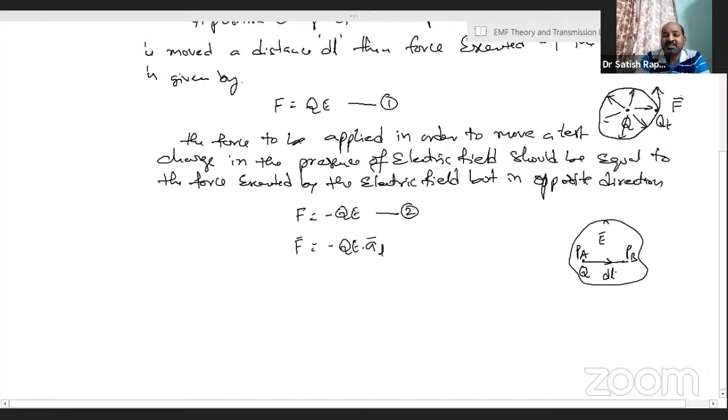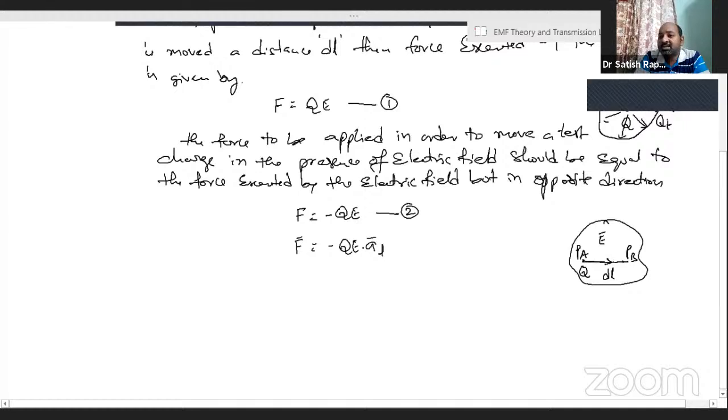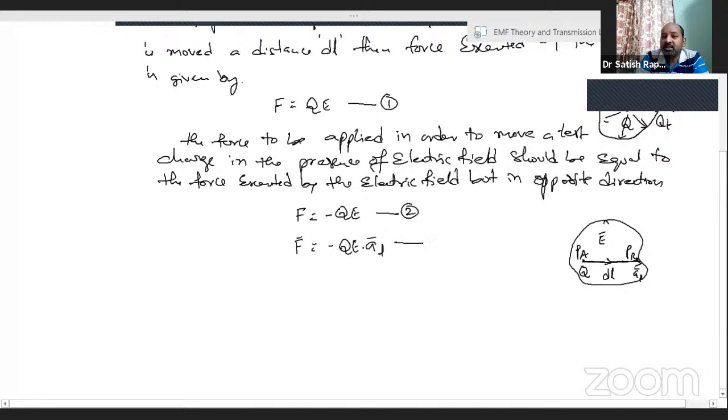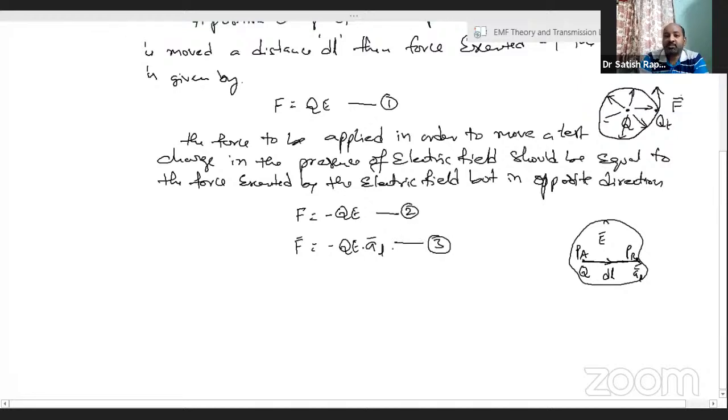Along the distance vector, the unit vector is a_L bar. So F bar is equal to minus QE a_L bar. Let us say this is equation 3.